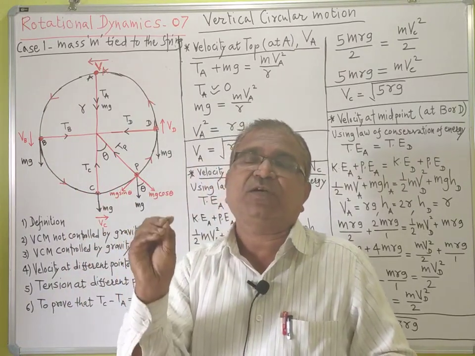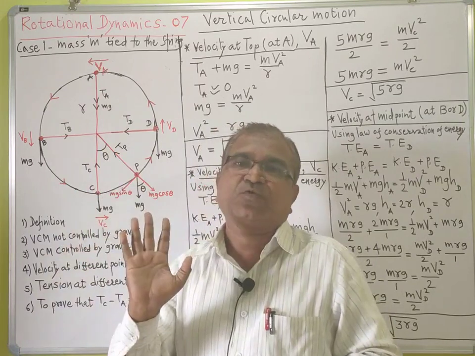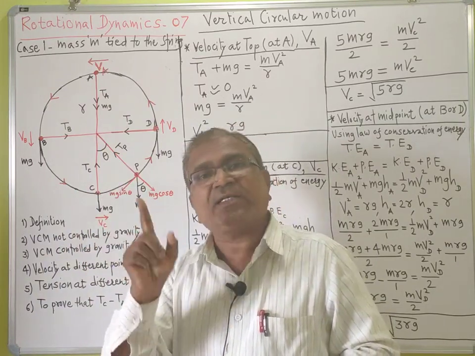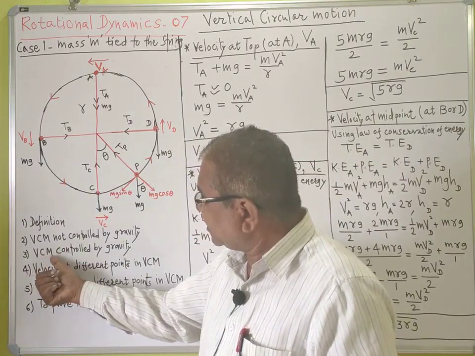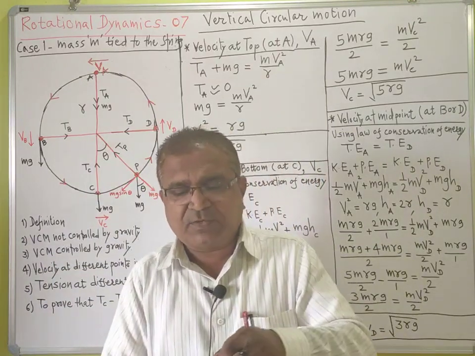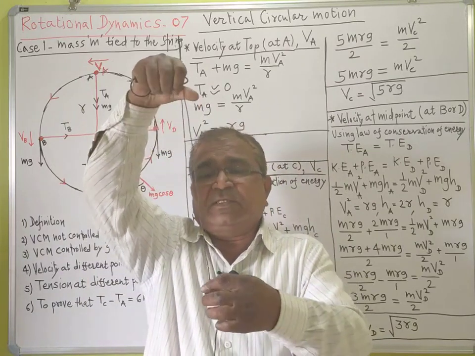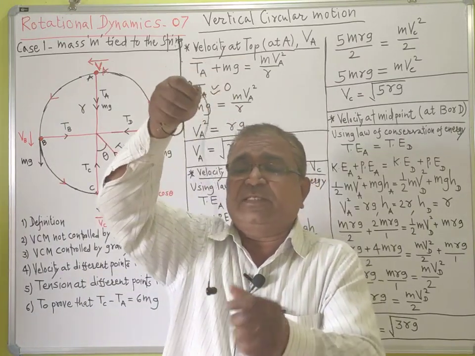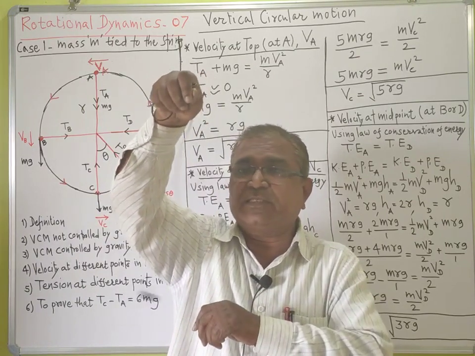So vertical circular motion is uniform circular motion when it is not controlled by gravity. Then the next condition is vertical circular motion controlled by gravity. So there is a control of gravity. Suppose this is a mass connected to the string and I give it motion like this.